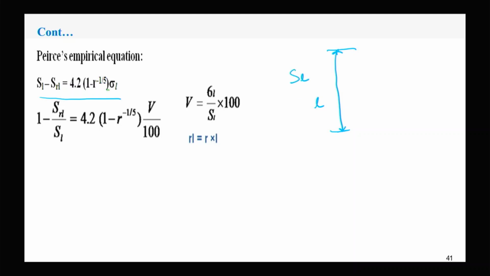Now if we increase the gauge length to R times of L, that is RL, if we increase the gauge length to double, then R will be equal to 2.